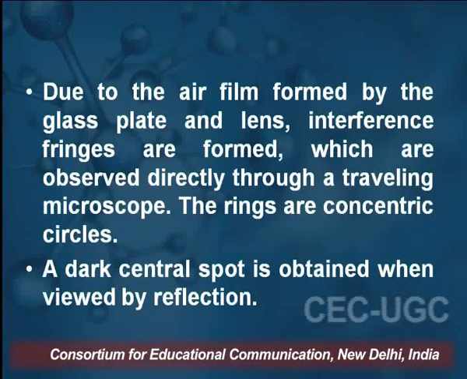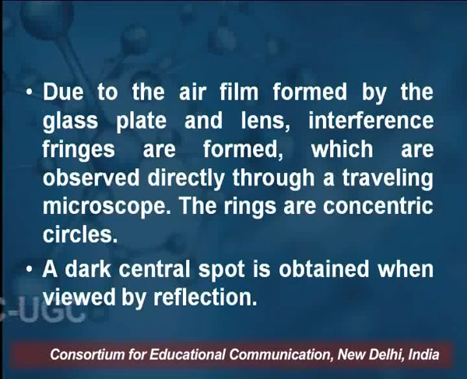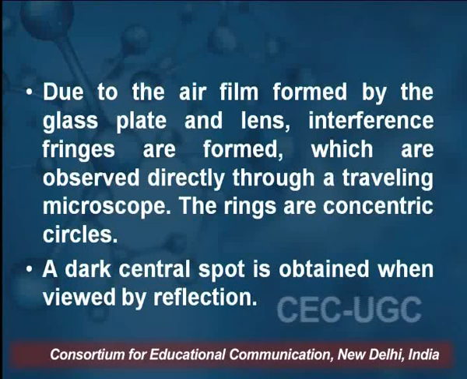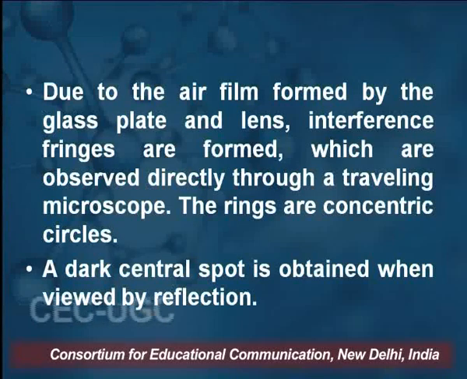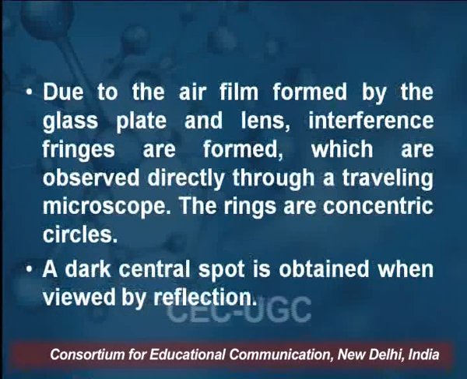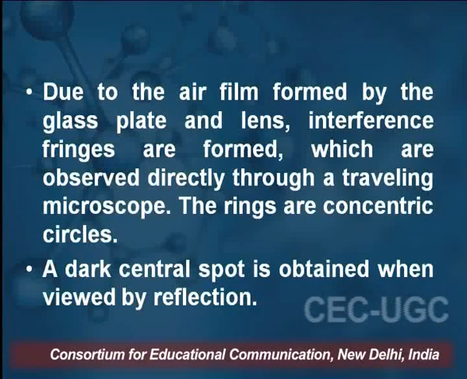After that, due to the air film formed by the glass plate and lens, interference fringes are formed, which can be directly observed by the travelling microscope. These rings are concentric circles, where the center is bright or dark. A dark center spot is obtained when viewed by reflection, and we can also get a bright fringe.